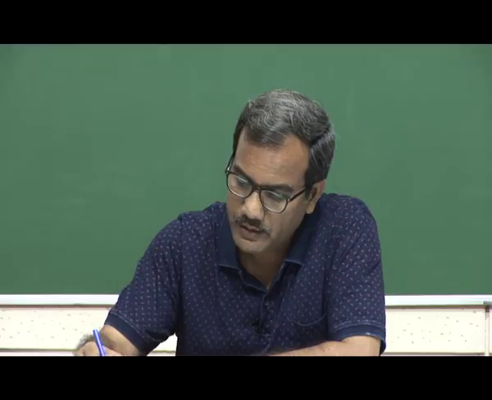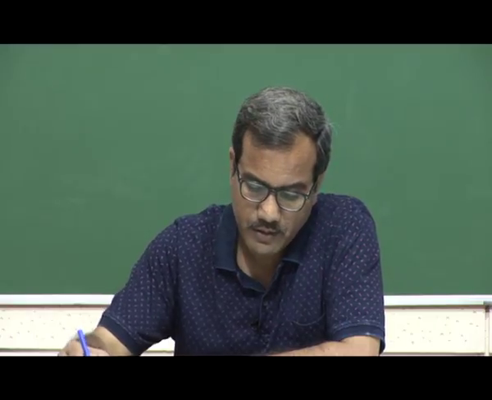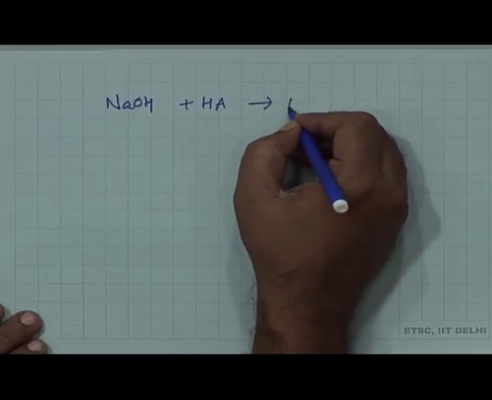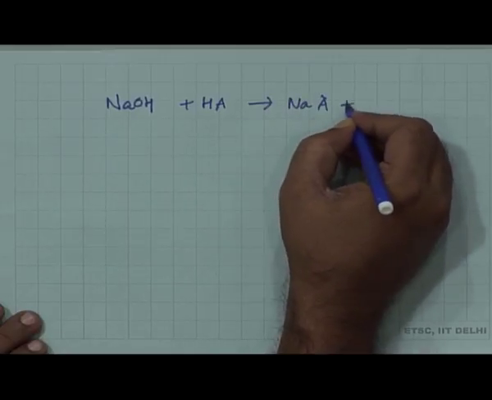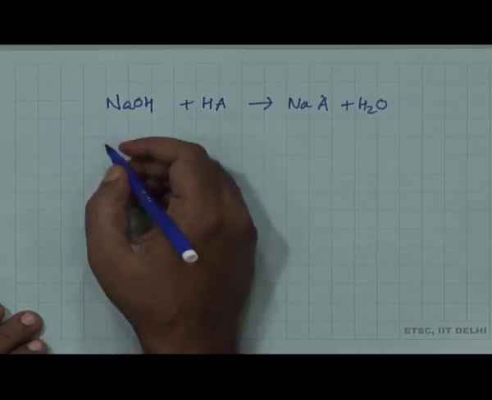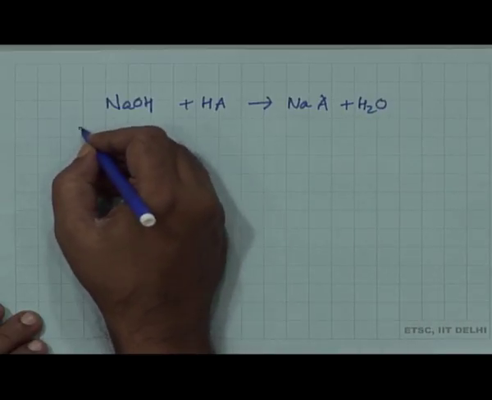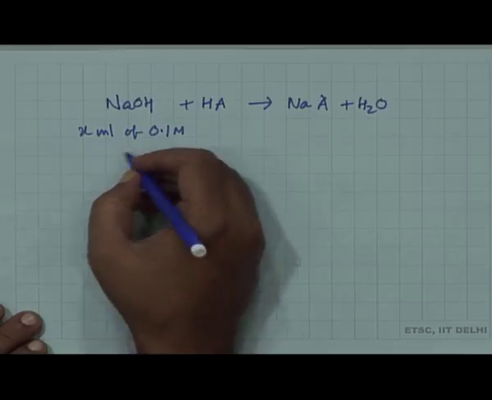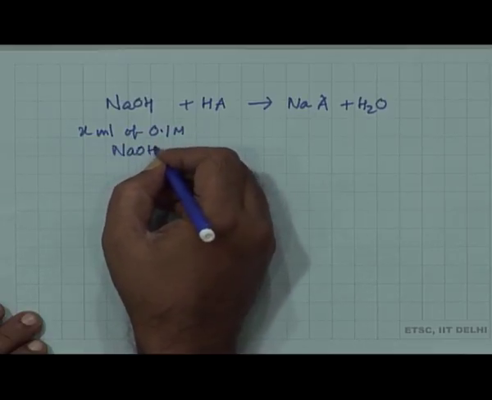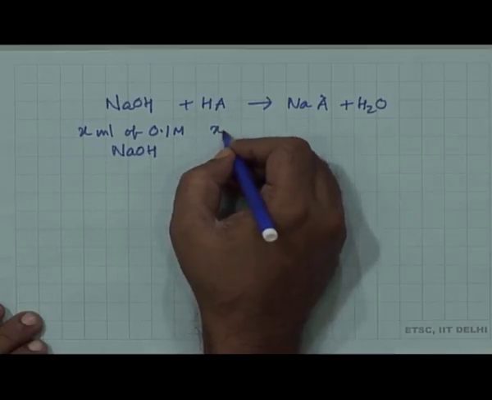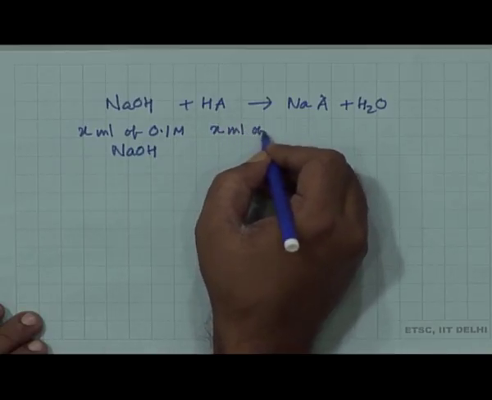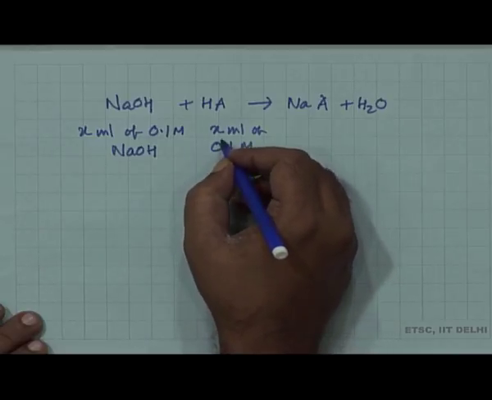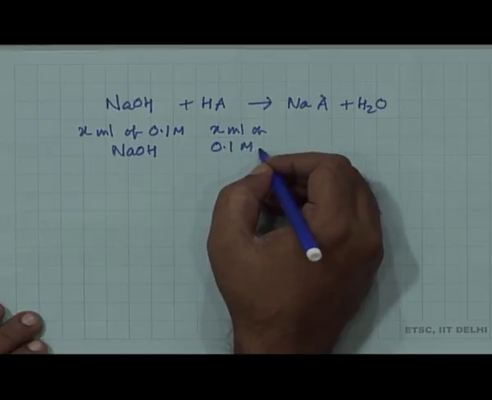If we take the reaction NaOH plus HA giving you NaA plus water, we started with x ml of 0.1 molar NaOH, and then we are titrating with 0.1 molar HA. So, we will get the end point when we add x ml of 0.1 molar HA.